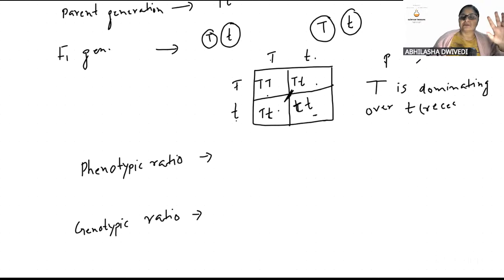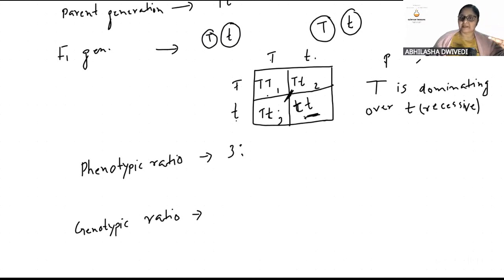So if you just count, this is 1, this is 2, and this is 3. So that means it's 3. What about this one, the small t, small t? This would be just small letters, right? That means it will be a short plant, homozygous recessive.